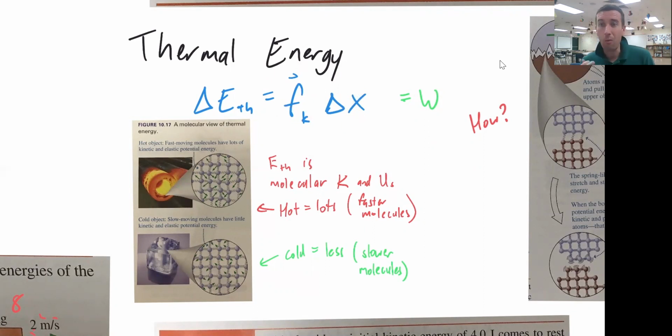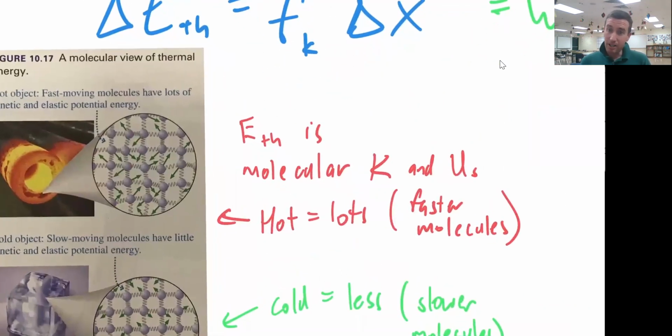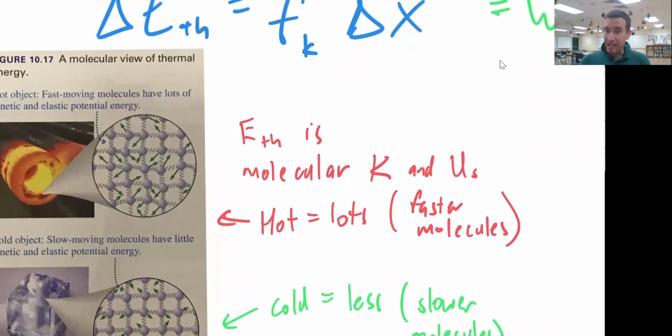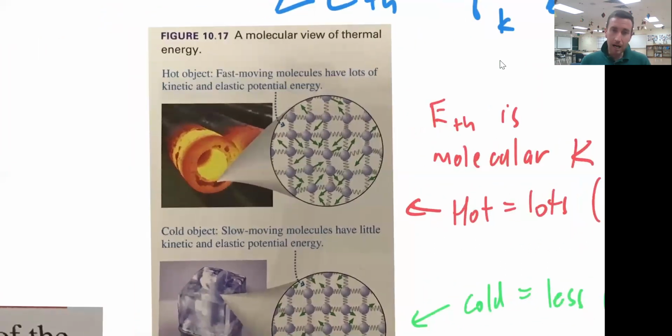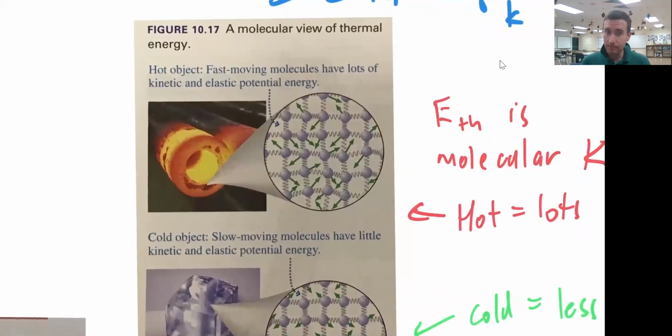Let's talk a little bit about why that happens. Why does that make any sense? Thermal energy is basically looking at molecular kinetic energy and spring potential energy. In a hot object, molecules move really fast. When something is heated up, the molecules are vibrating real fast.